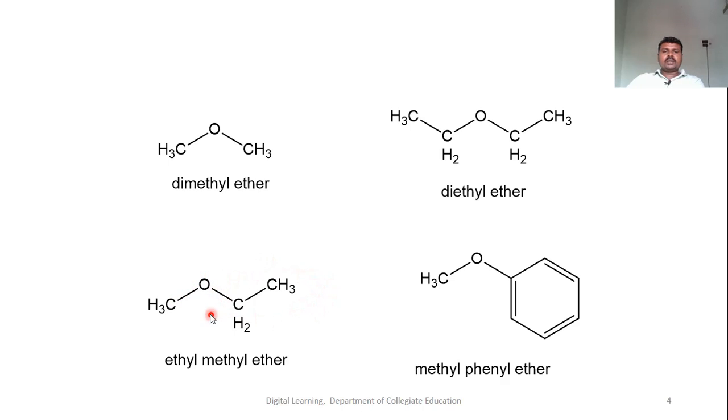So the alkyl groups are different, and that's why this is a mixed ether, ethyl methyl ether. In the fourth example, the oxygen atom is attached to a methyl group on one side and a benzene ring on the other side. So the groups are different, and this is also a mixed ether.